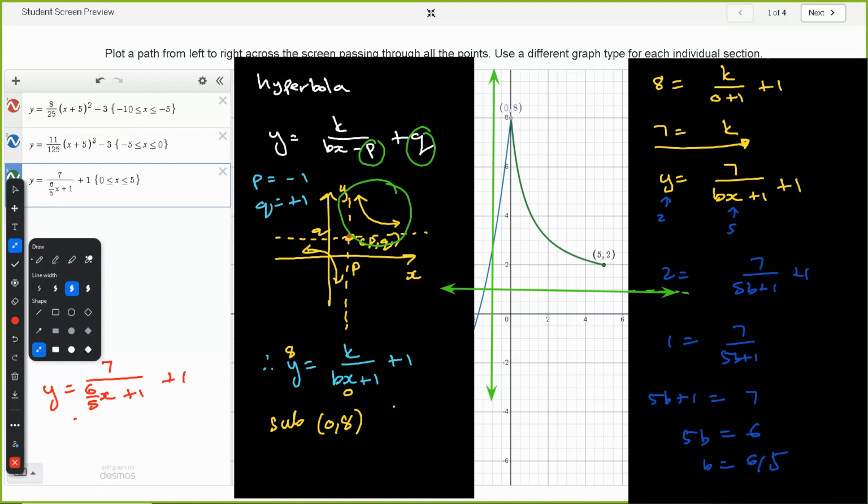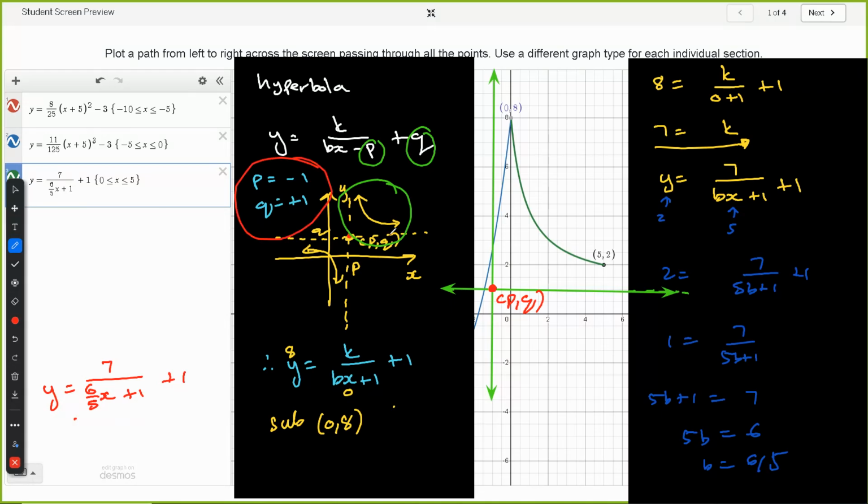So this is the point of intersection, and that was pq there, and that's my first part. So that's part of the features of this graph. This is your -1, which is going to be a vertical asymptote that can be mentioned, and also q equals +1 is my horizontal asymptote.